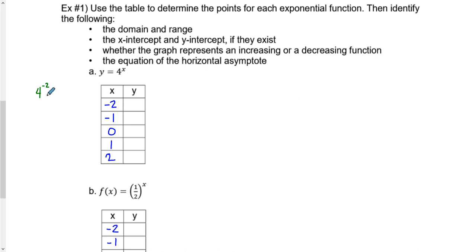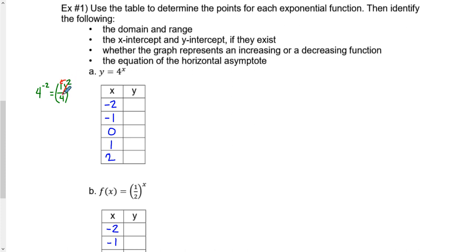If we use our exponent laws back from grade 10, the negative means that we have to flip our base. We have 1/4, and our exponent of 2 would just be turned positive. The negative just flips that base.